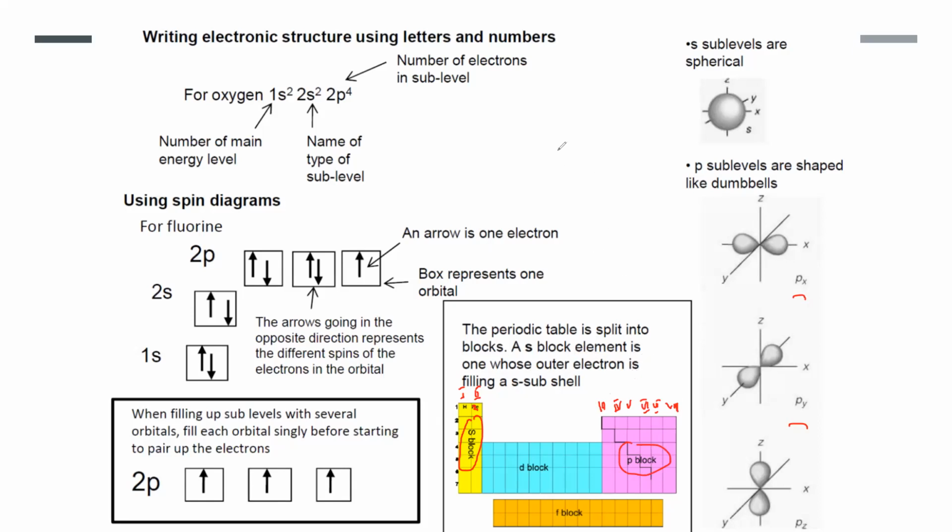Because the last electron is in the p subshell. And then we have d block elements. Between s and p, the elements are known as d block elements, because their last electron is in the d. And the lanthanide and actinide series are known as the f block elements, because their last electron is in the f orbital.